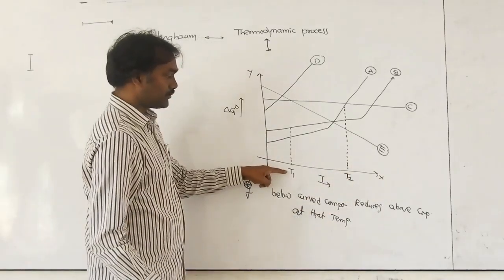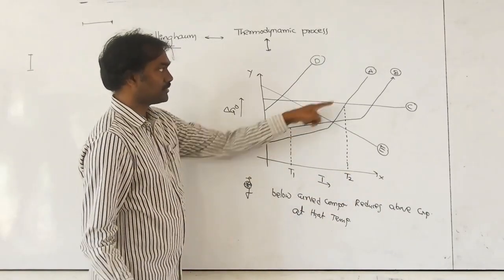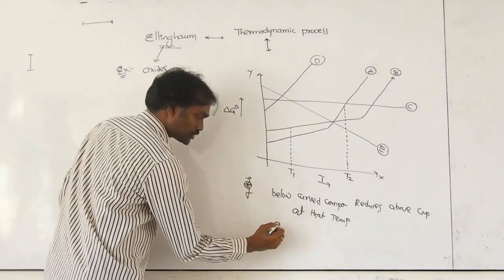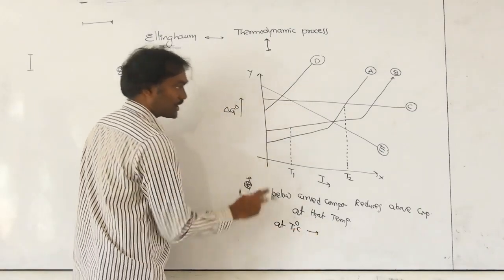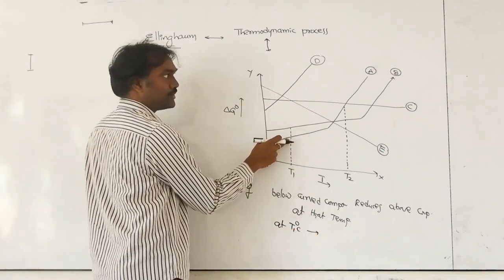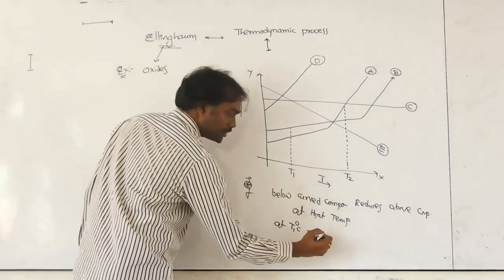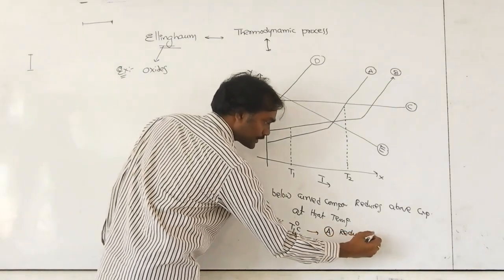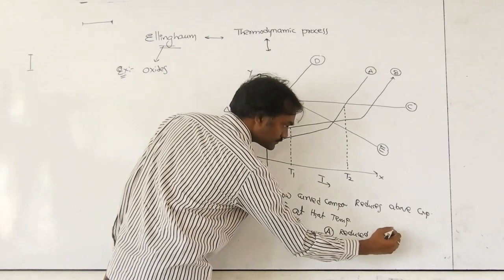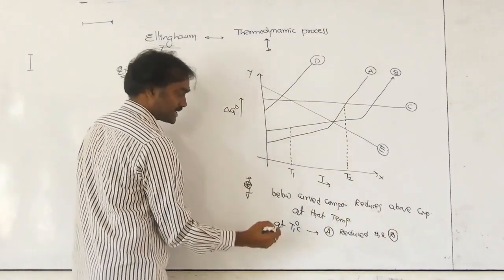At T1, who is below? A is below. So at T1 degree Celsius, the A compound is below and the B compound is above, so A reduces B. Below one reduces above.